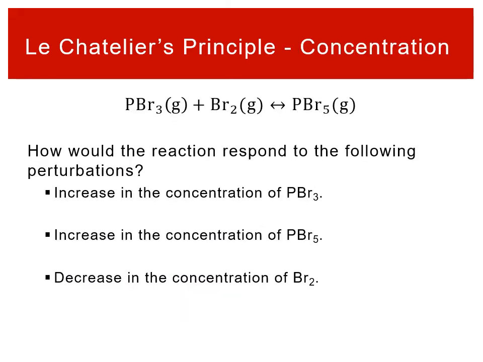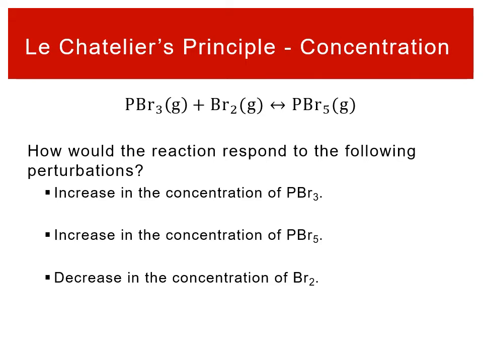All right, so we want to be able to use these ideas, make predictions as to how equilibriums will respond to perturbations. So I've got PBr3 plus Br2 becomes PBr5. We're going to make some changes to it. So first, I'm going to increase the concentration of PBr3.